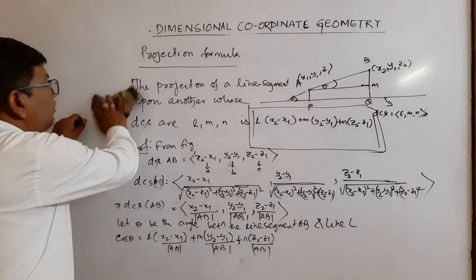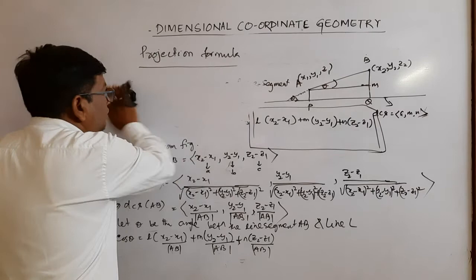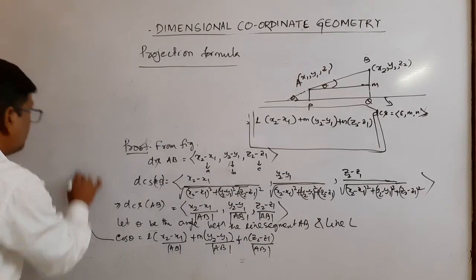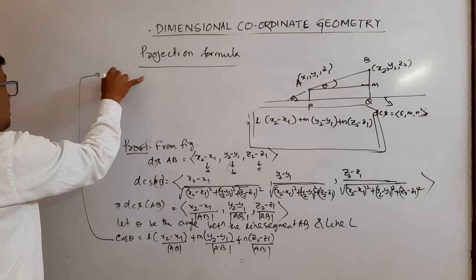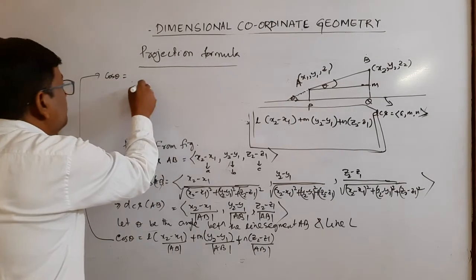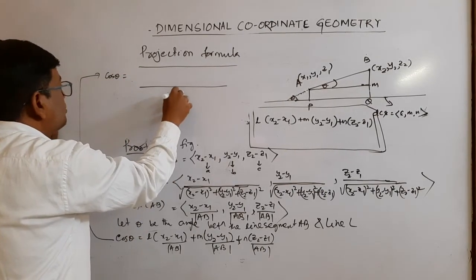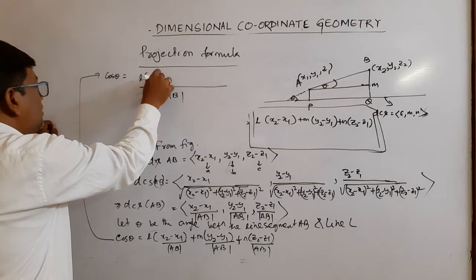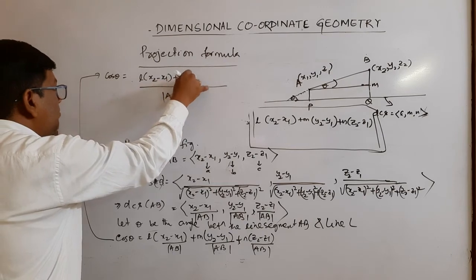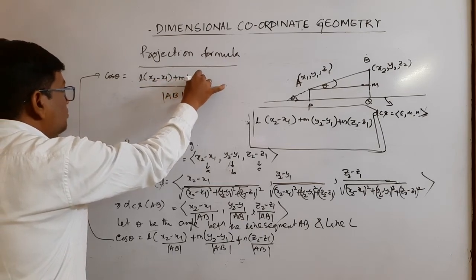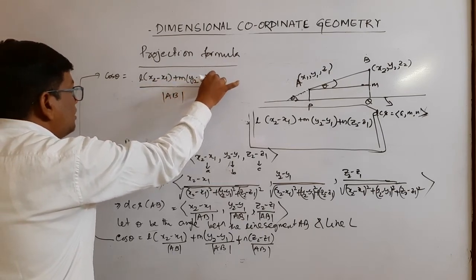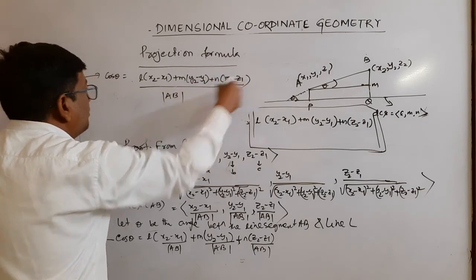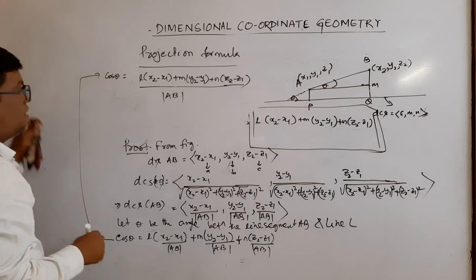Cos theta is equal to, taking the LCM, AB distance. So this is l into x2 minus x1 plus m into y2 minus y1 plus n into z2 minus z1.